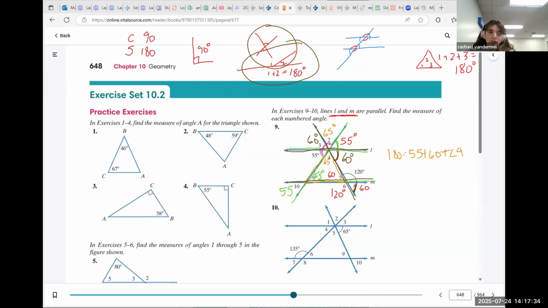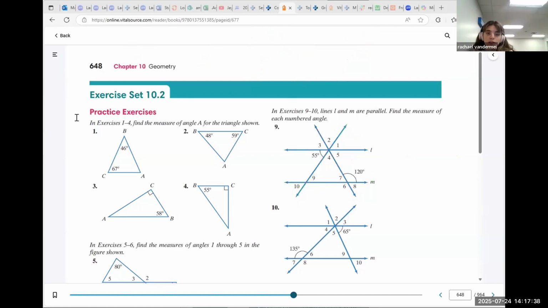Okay, that helps. Thank you. Can we try number 10 real quick, just so I can see if I got it down? Yeah, let's do it again. So what would you start with there? Probably the 135 and angle 8, because that's 135. Then would angle 10 be the same as 8?